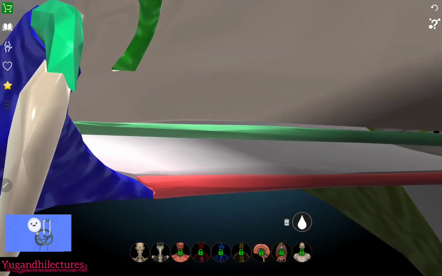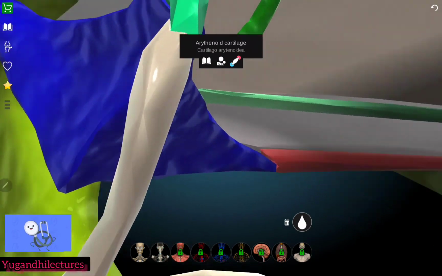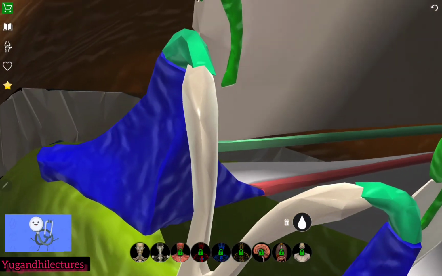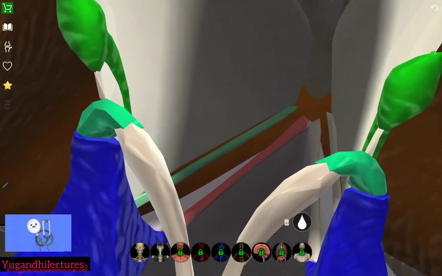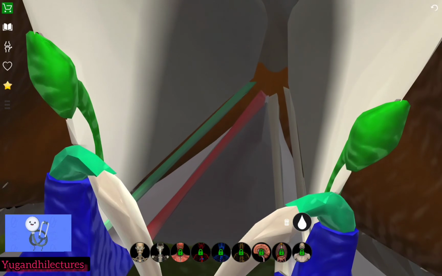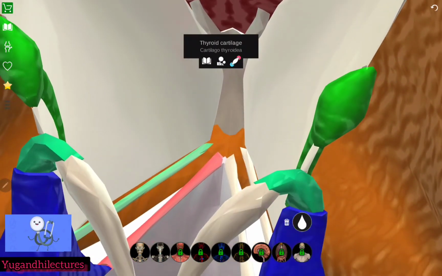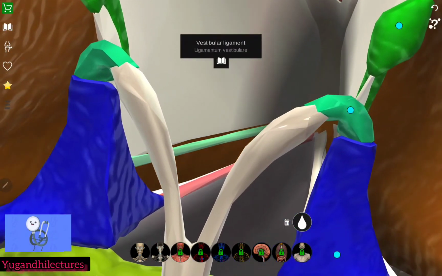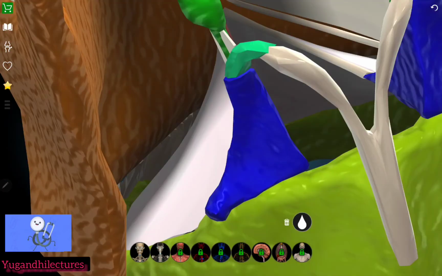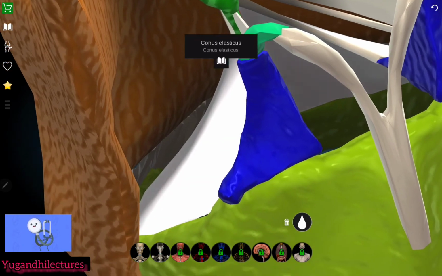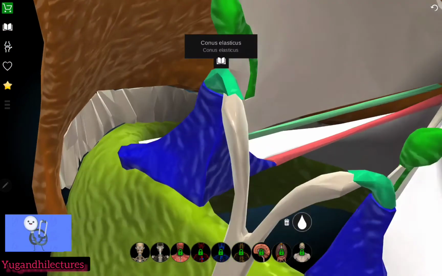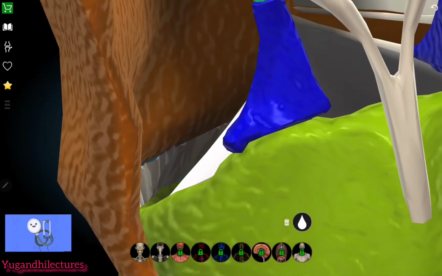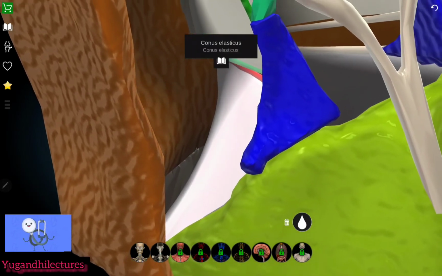It also extends from the anterior part of the arytenoid cartilage to the thyroid cartilage just below the attachment of the epiglottis. Coming to another important attachment, that is the conus elasticus. It also extends from the base of the arytenoid cartilage to the thyroid cartilage. You can see here how it extends.